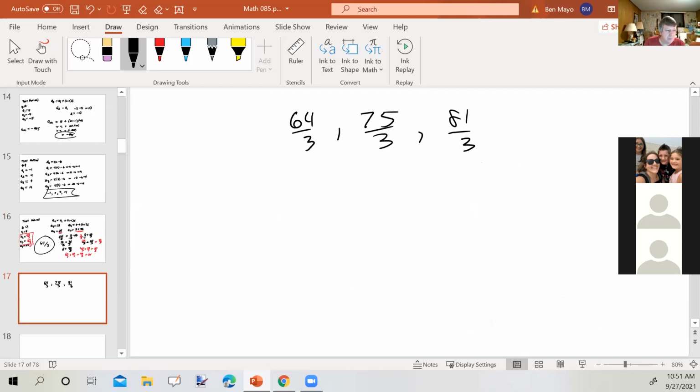Let's stay in the screen first. If I put in 64 thirds and then I hit a comma, it puts the comma in the denominator of the fraction. So what you've got to do is use the right arrow key and get out of that fraction.